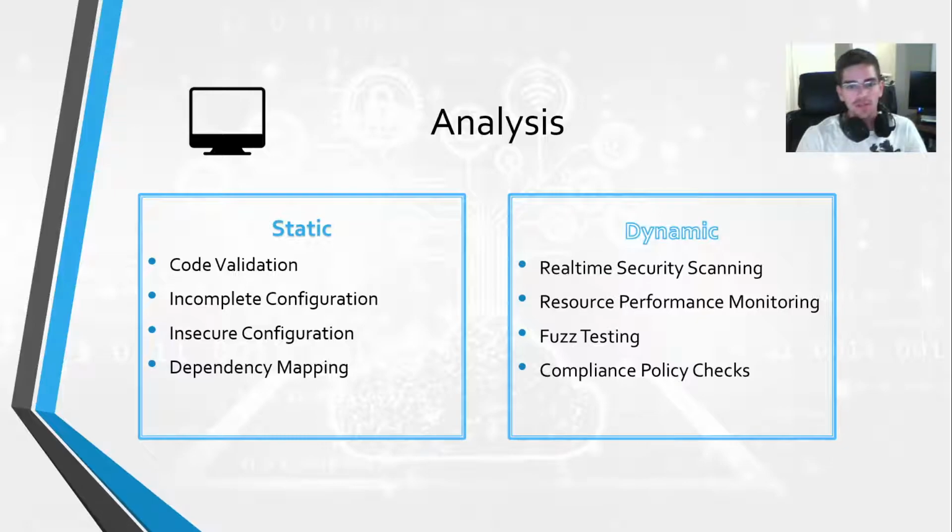There's fuzz testing, throw a bunch of junk at your application and see if your infrastructure can handle it. And then there's the last thing, which is running continuous compliance policy checks that say, hey, is my infrastructure compliant with what we expect? And has it drifted over time due to small changes that are going on?